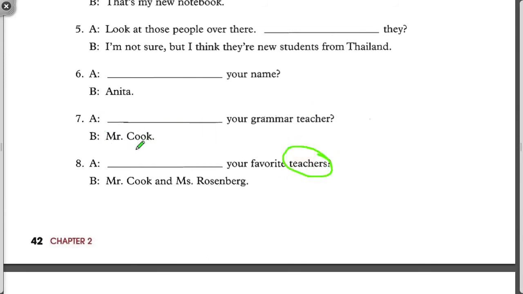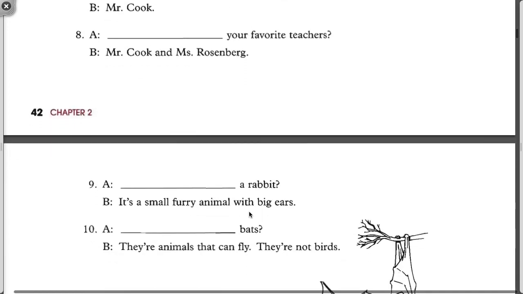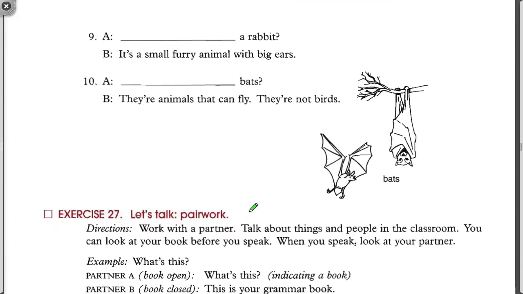Teachers, who are. Number 9. What is a rabbit? Number 10. Bats. Here's R. What are bats?